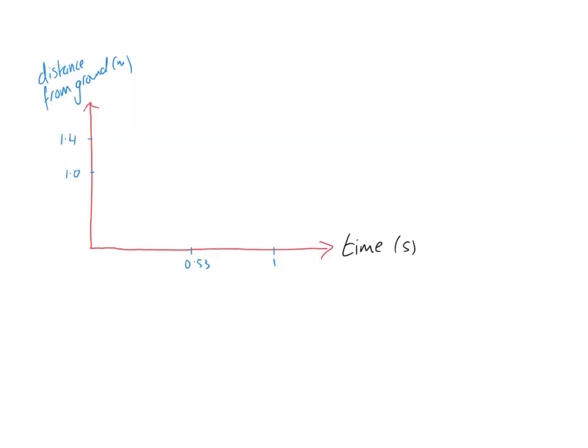It could be possible that instead of doing a displacement time graph, you might graph the distance from the ground as it bounces. In this scenario, again, it starts 1.4 metres above the ground. We know it's hitting the ground after 0.53 seconds. Then after 1 second, it reaches a maximum height of 1 metre above the ground.